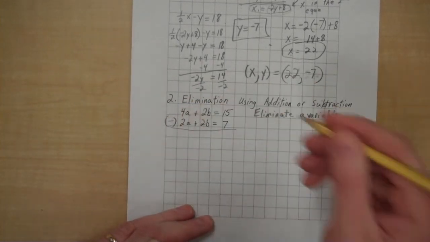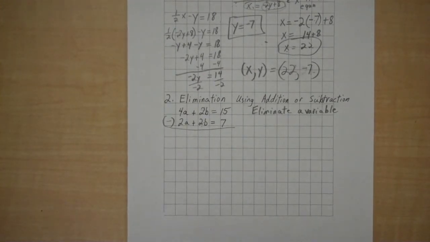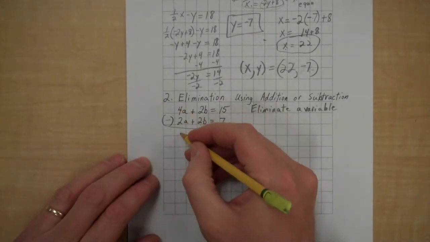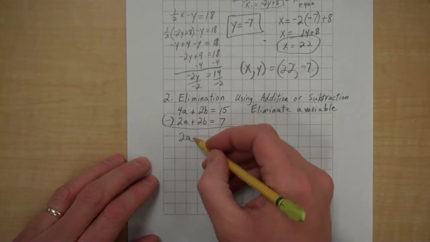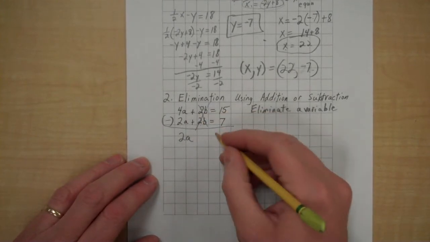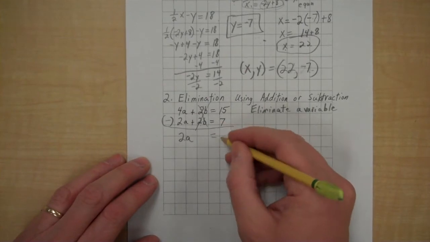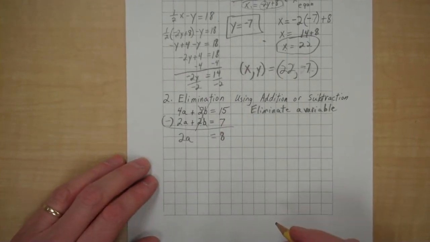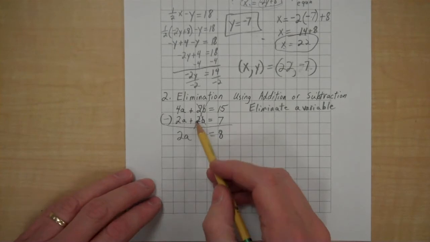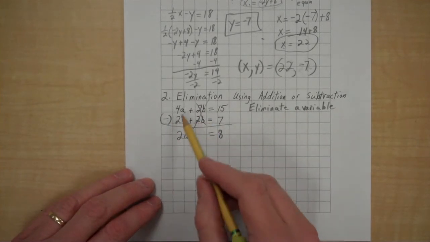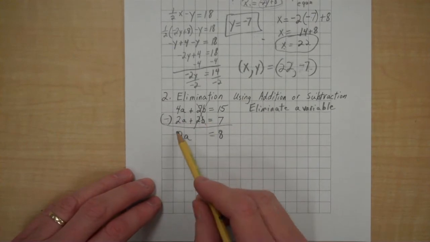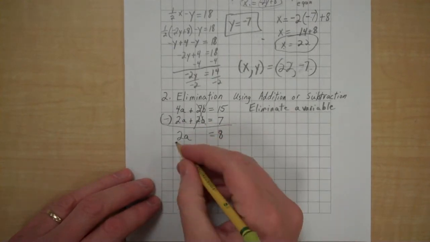So I am going to subtract everything. 4a minus 2a is 2a. 2b minus 2b is 0b. 15 minus 7 is 8. So by subtracting. Now if they were opposites, I would add. But your goal is to eliminate one of the variables, and we eliminate b when we subtract the two equations.